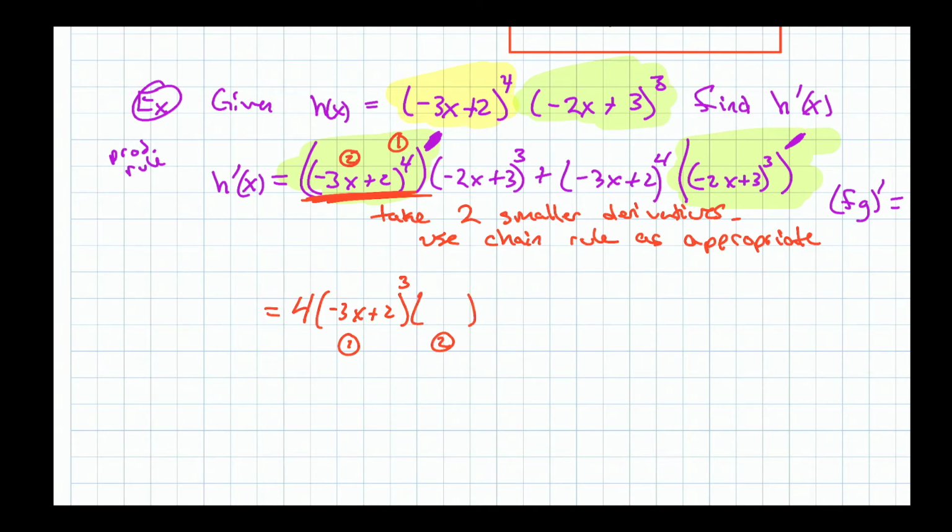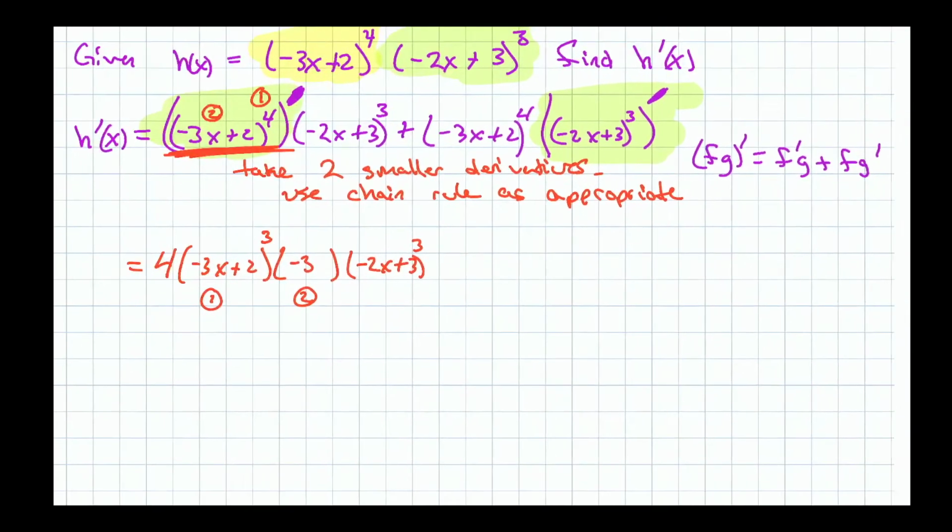So what's the derivative of negative 3x plus 2? It's just negative 3. So there you go. Then you've got this negative 2x plus 3 cubed. That's fine. No derivative there. Plus, I've got parentheses, negative 3x plus 2 to the fourth. No derivative there, so just write it again.